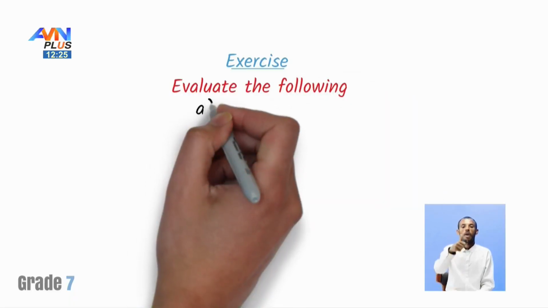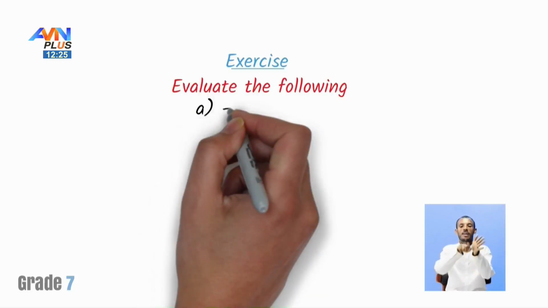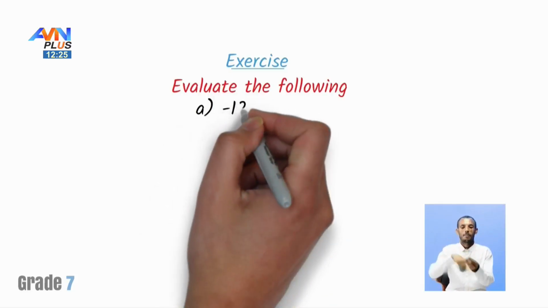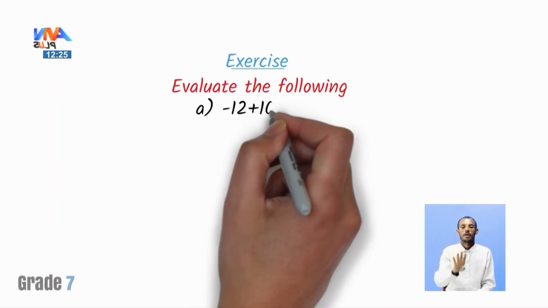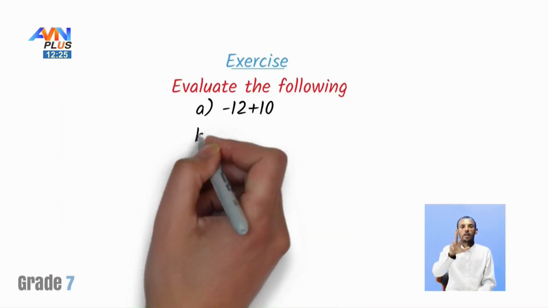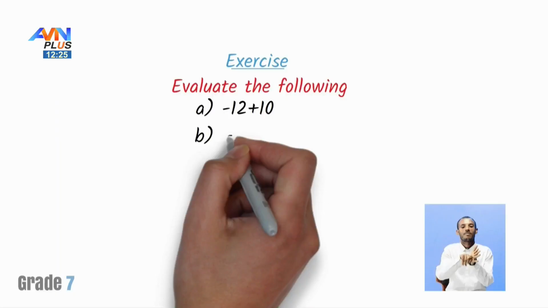A, negative 12 plus 10. B, negative 3 plus negative 5.